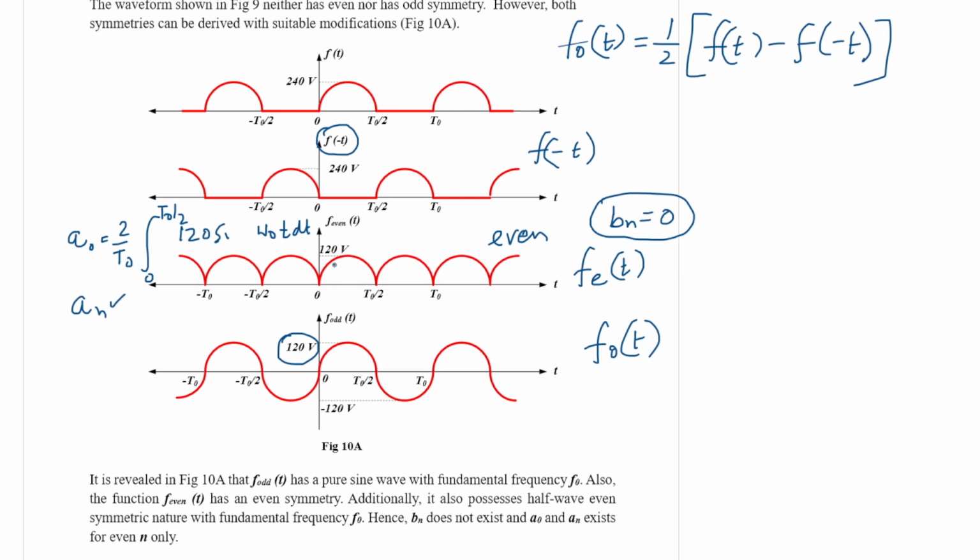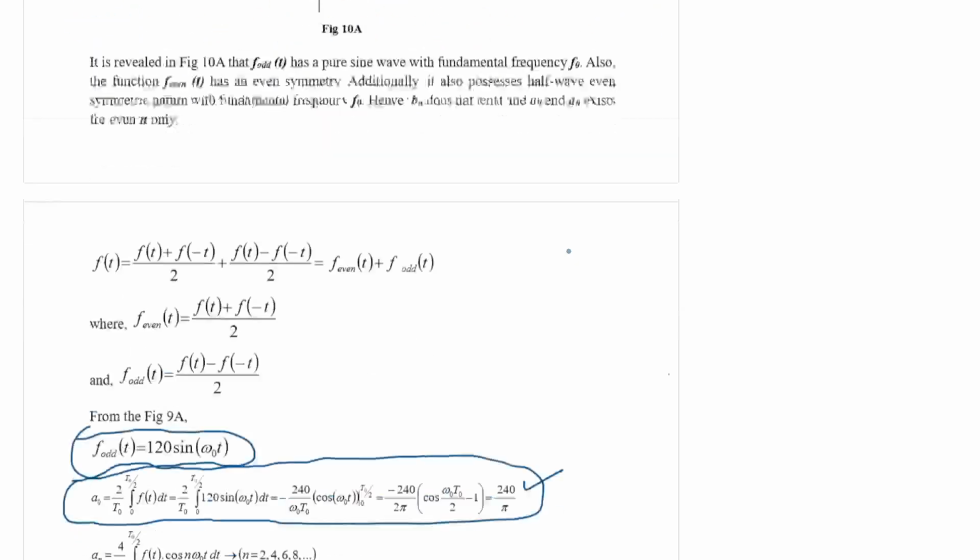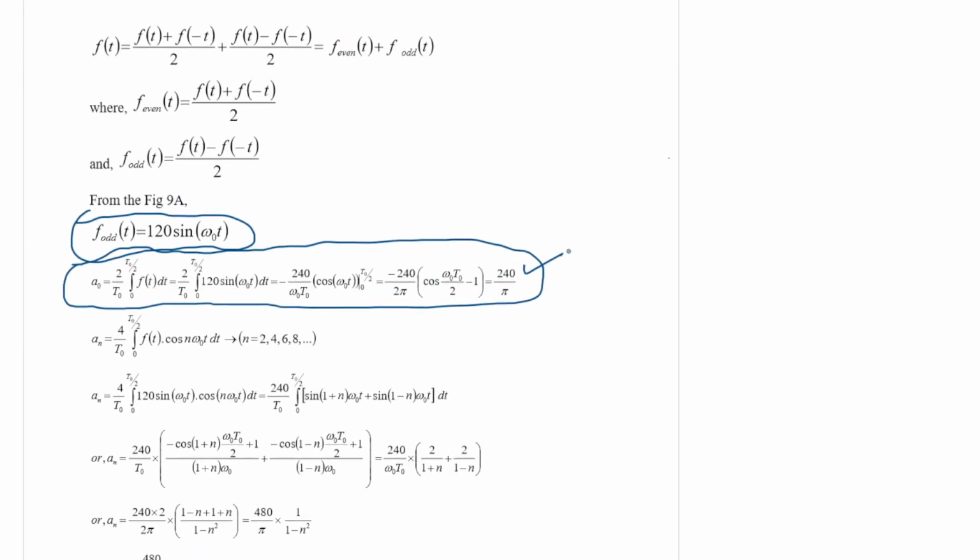Now again we assume any arbitrary time. If we go half time period advance, t0 by 2, we observe that the same value is repeating. So it is actually possessing the half wave even symmetry. So we will see An will be existing only for n equal to 2, 4, 6, and so on. So we must evaluate according to the appropriate formula.